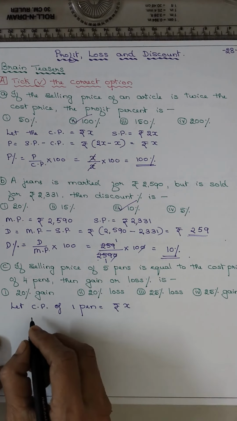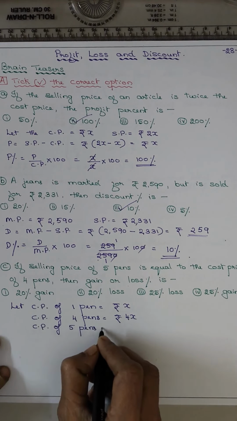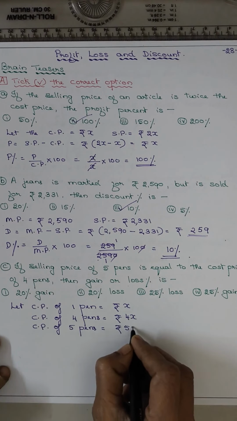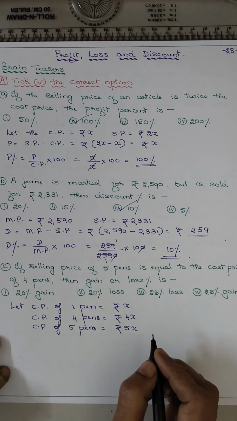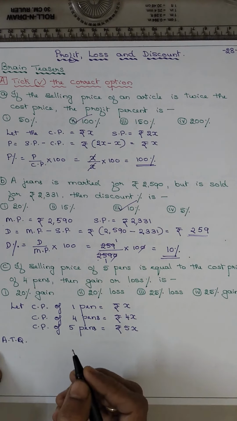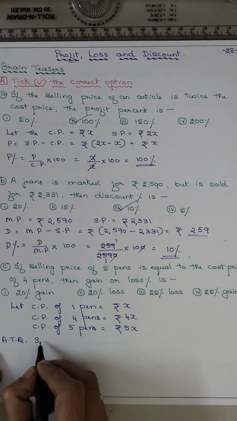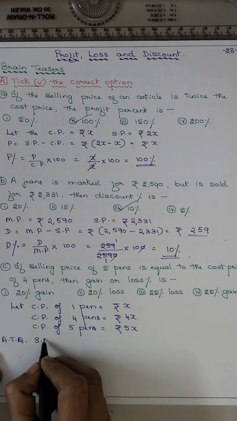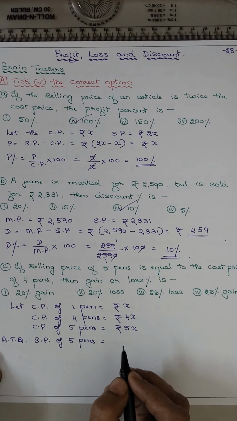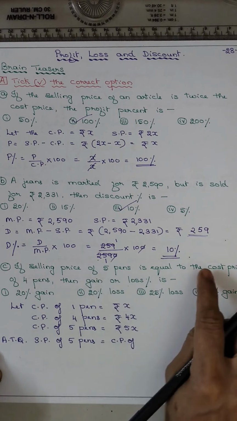So the CP of 5 pens will be how much? Rupees 5x. But according to the question, they have told that the SP of 5 pens is equal to the CP of 4 pens.